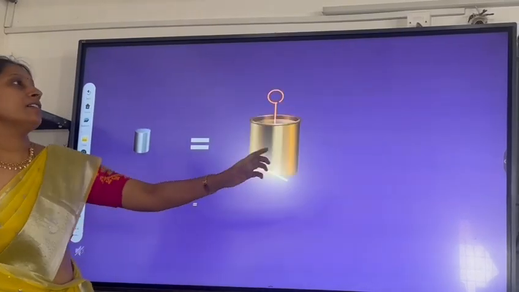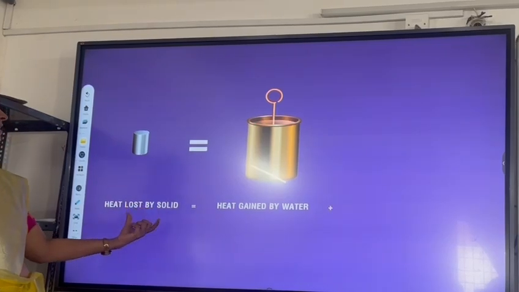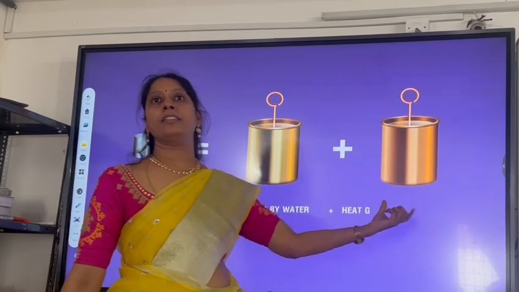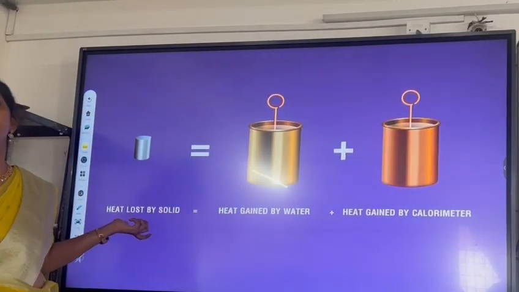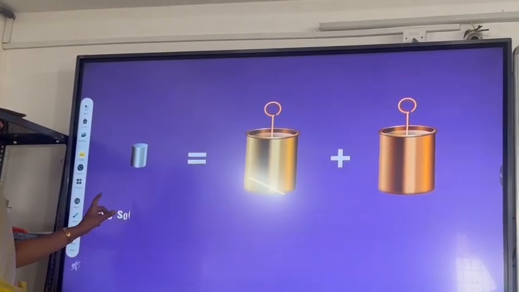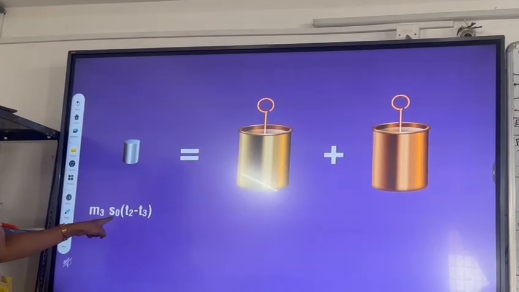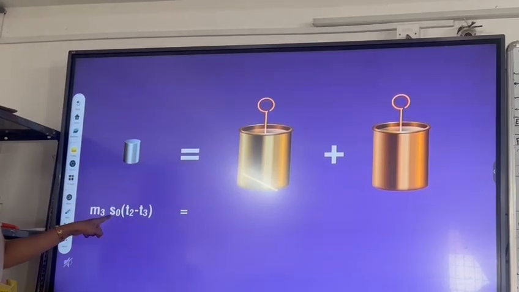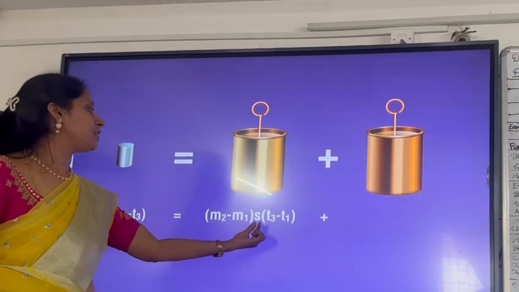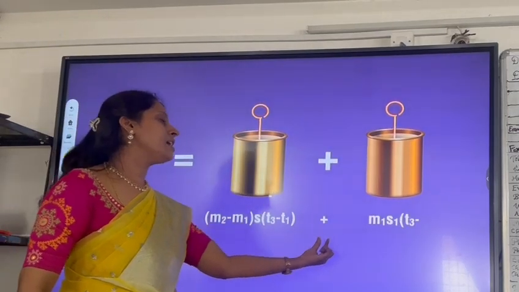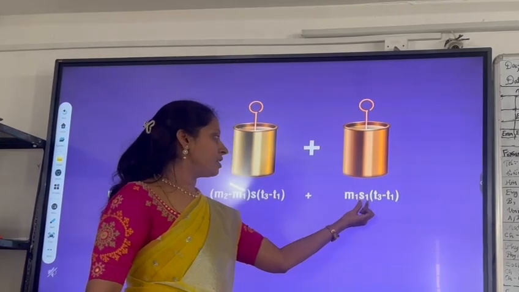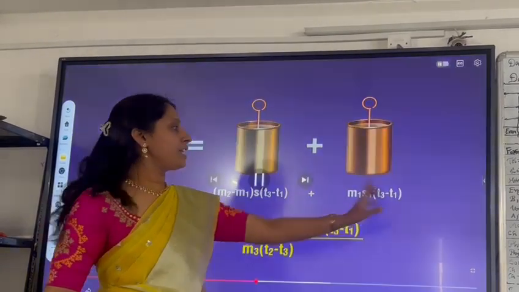Now you know that heat lost by the solid is equal to heat gained by the water and the calorimeter. So the formula for the amount of heat energy is what? m s delta T. So mass of the solid into the specific heat of the solid, which we don't know and need to find, into the change in temperature is equal to mass of the water into specific heat of the water into change in temperature of the water, plus mass of the calorimeter into specific heat of the calorimeter into change in temperature.